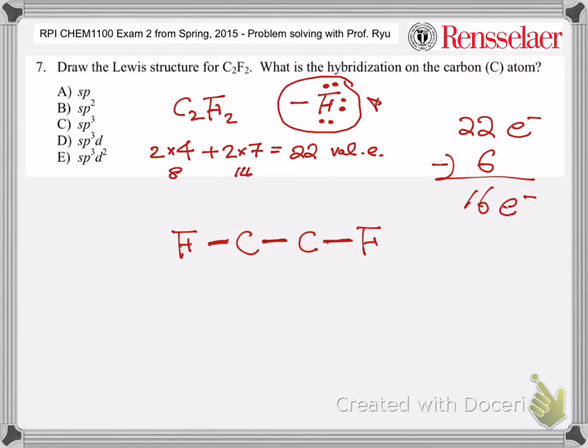The fluorine will likely form 3 lone pairs, so the next step is to draw those 3 lone pairs on both sides, and each one uses 6 electrons. So I have used 12 electrons to form the lone pairs on the fluorines. If I do that, I will have 4 electrons left.